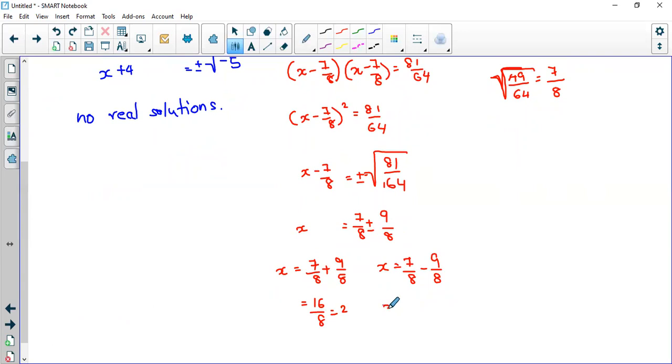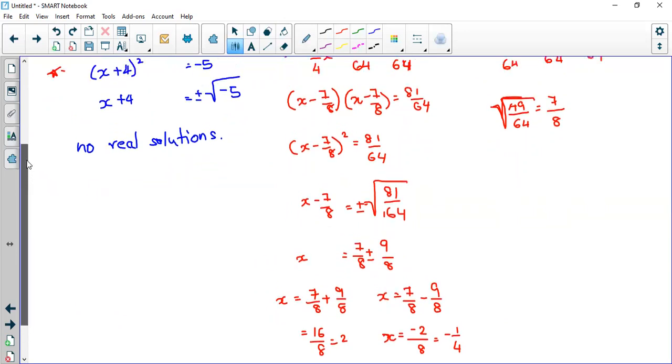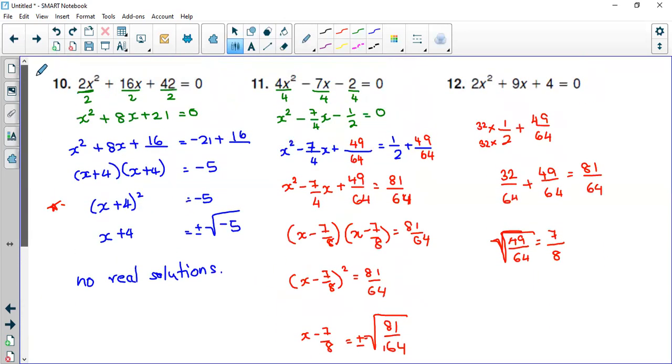And then x is equal to 7 minus 9, which is negative 2/8. Simplified, you divide the numerator and the denominator by 2, so that would give you negative 1/4. So x is 2 or x is negative 1/4. Yes, it's a bit lengthy, as all the questions are not going to be the same, but the idea remains the same here. That's all you need to realize.